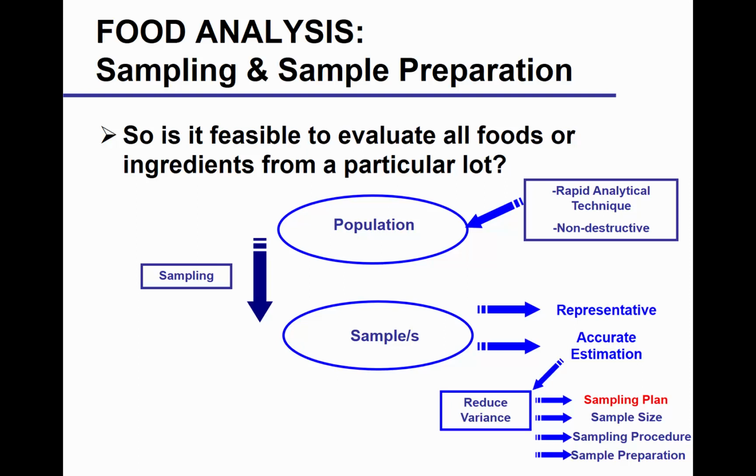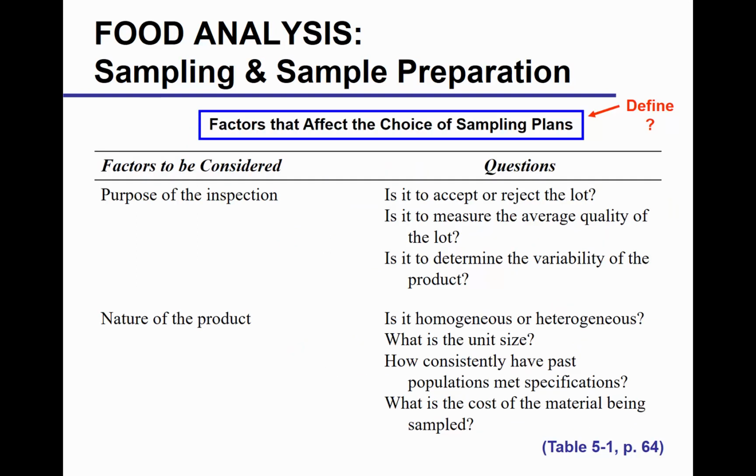Sometimes you pull out samples and they have to wait for a certain period of time until you're ready to prepare them for analysis. And after you prepare them, sometimes you also have a holding time before you actually analyze your samples. So this all goes into your sampling plan. When you see sampling plan, I say define. Now you should be able to define what a sampling plan is.